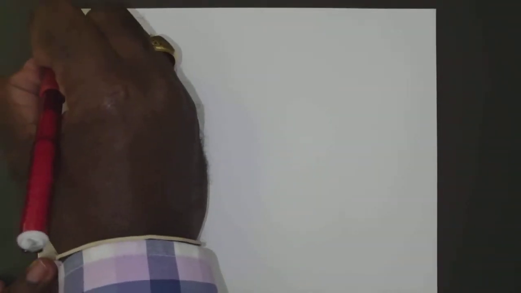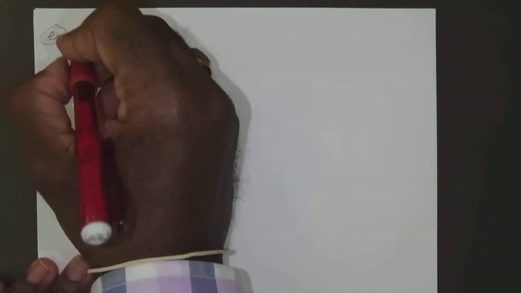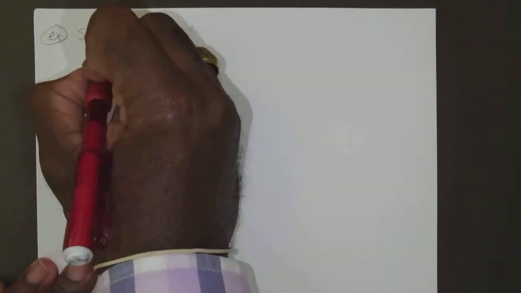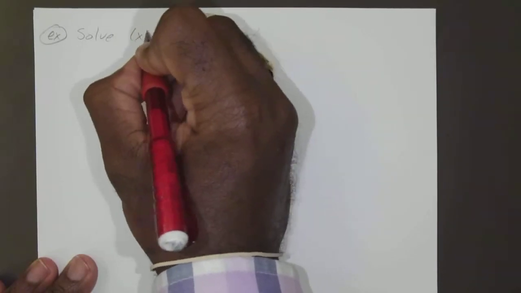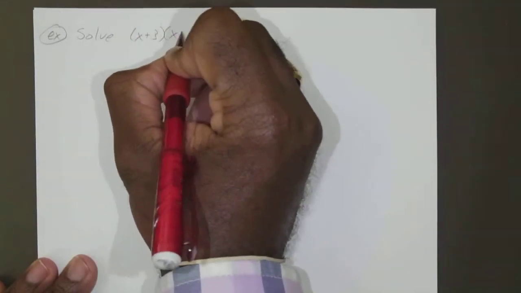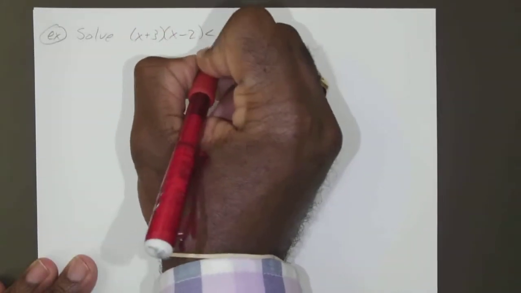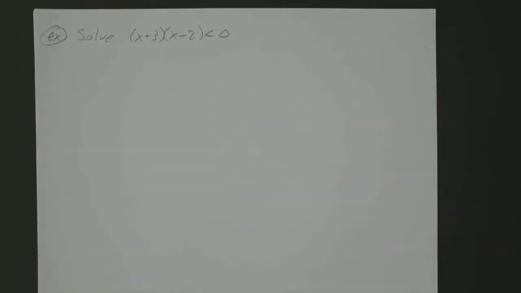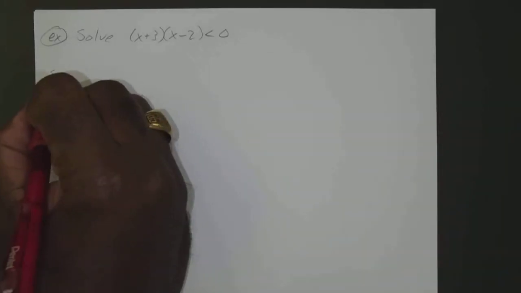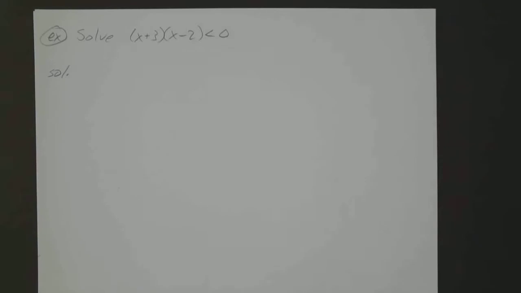Okay, so let's say, for example, we want to solve x plus 3 times x minus 2 is less than 0. Okay, this one's pretty straightforward because they already factored it for you.